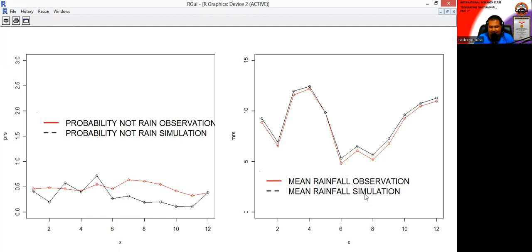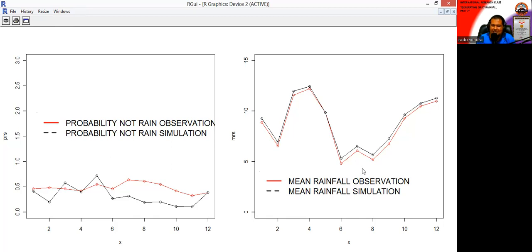We can check here. We are successful for each month for the mean rainfall simulation. I can say success because for each of the 12 months, the mean rainfall produced by the generated synthetics, or the simulated rainfall, has the same value as the mean rainfall observation, or the mean rainfall produced by the real data.